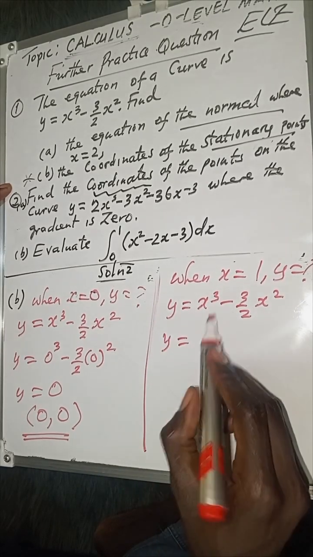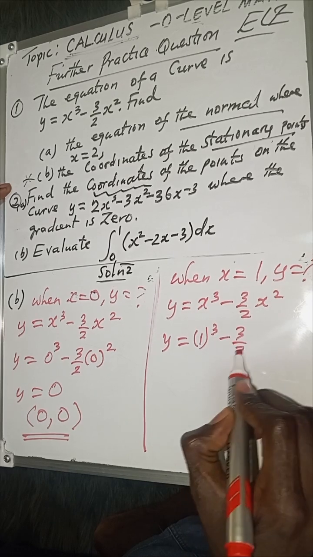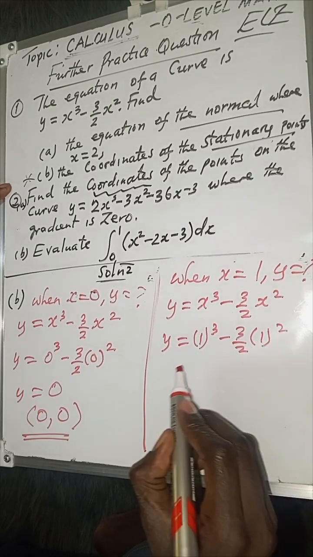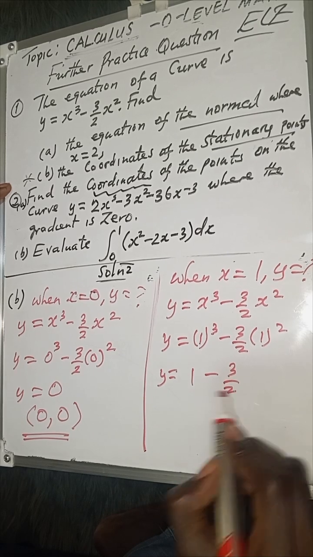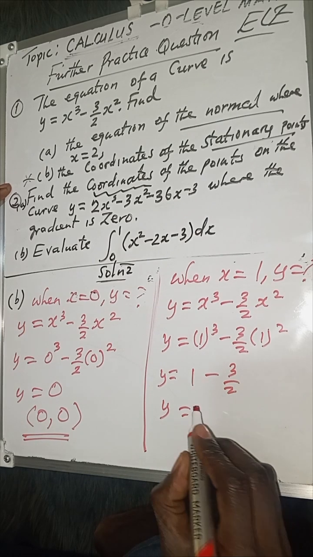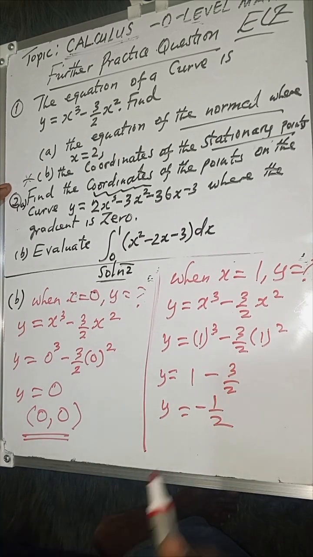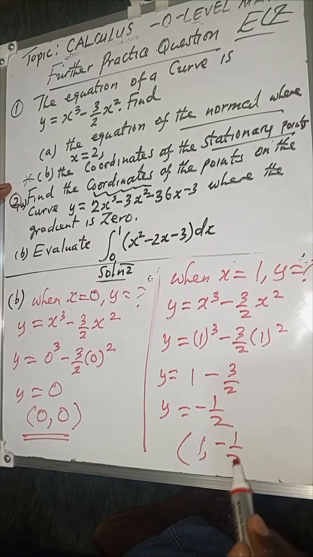So it will be y is equal to 1 raised to the power 3 minus 3 over 2 times 1 raised to the power 2. So that will be just 1, and that will give us 3 over 2. So if you punch it on the calculator, 1 minus 3 over 2, it is going to give you negative 1 over 2. So therefore the coordinate when x is 1, y is negative 1 over 2.